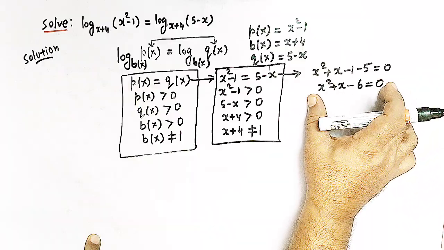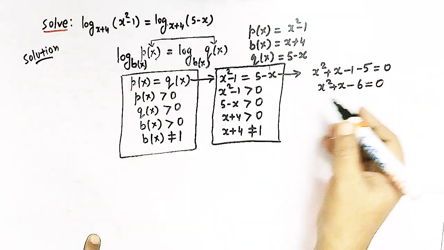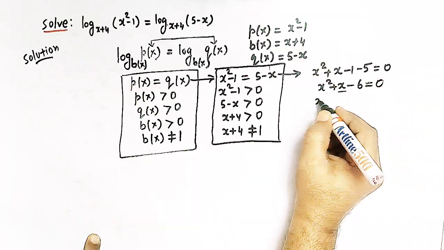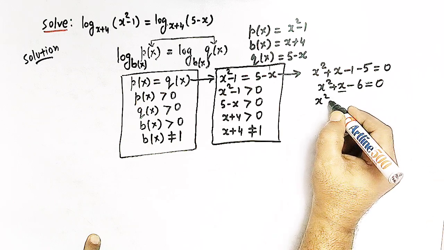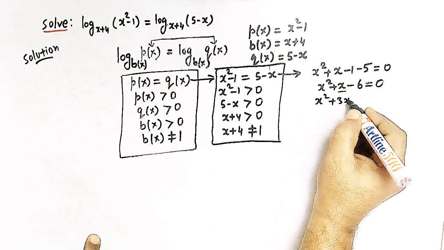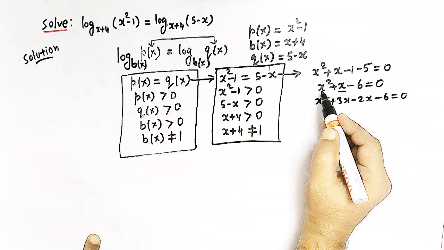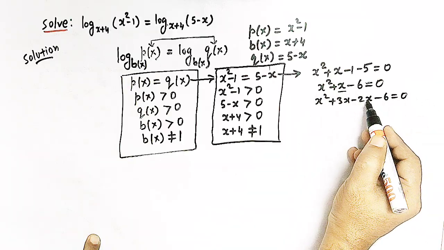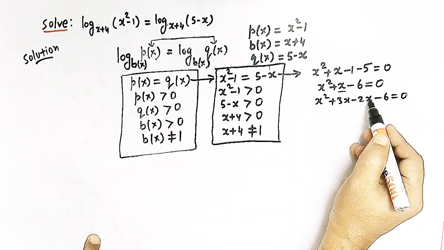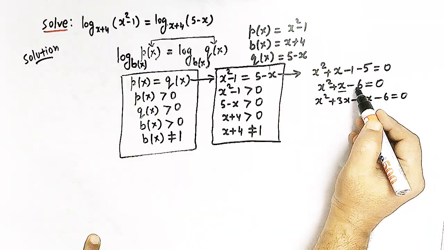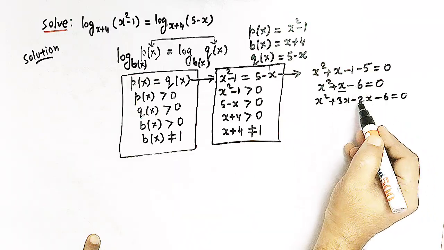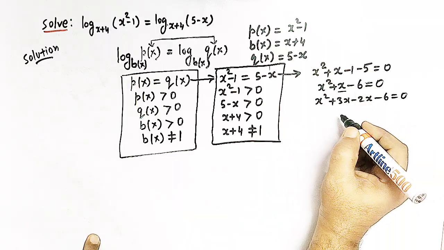So making use of the method of splitting the middle term, we can write x square, and here we can write 3x minus 2x minus 6 is equal to 0, because 3x minus 2x is x, and if we multiply these two numbers, then we get 3 times minus 2 is minus 6, right?